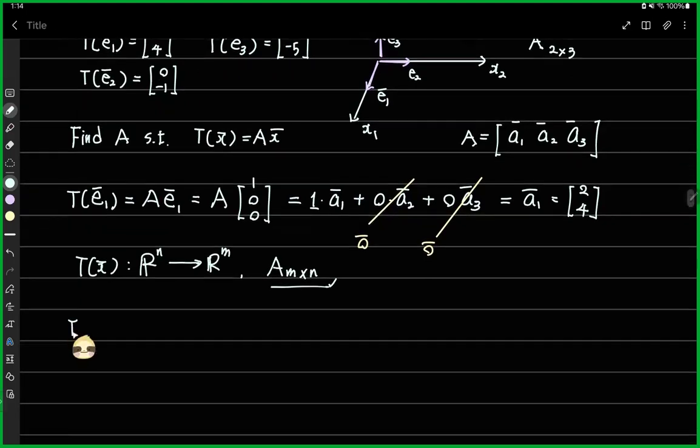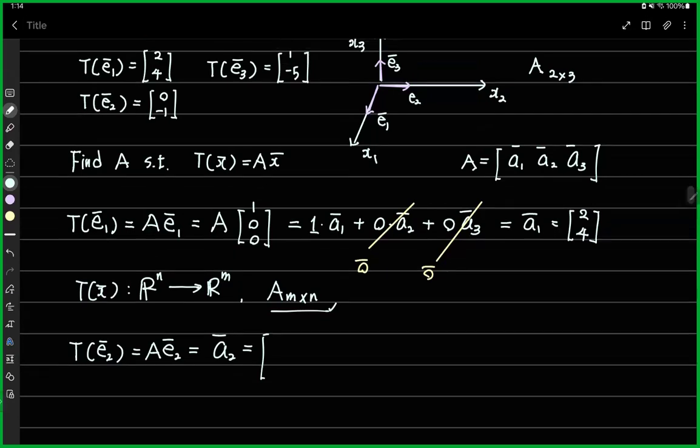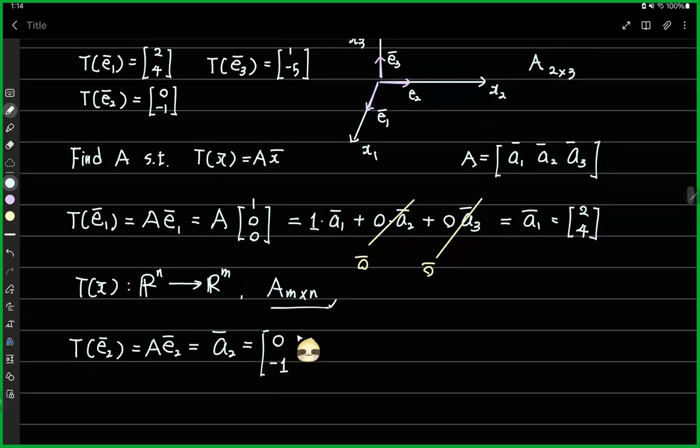Similarly, T of E2 is equal to A times E2, which is A2, and that must be equal to (0, -1). And T of E3 is equal to A times E3, which is A3, equal to (1, -5).